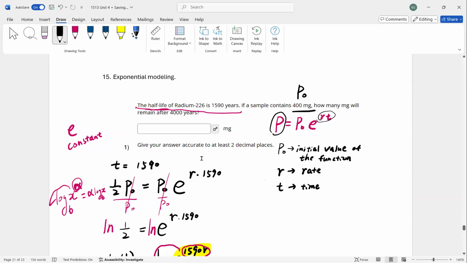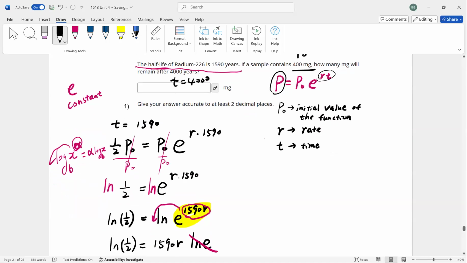How many milligrams will remain after 4,000 years? That is t. T equals 4,000. All right, so let's use the formula that I gave you earlier: P equals P sub 0 e to the power rt. P is what we're going to find out, the weight of that sample after 4,000 years.